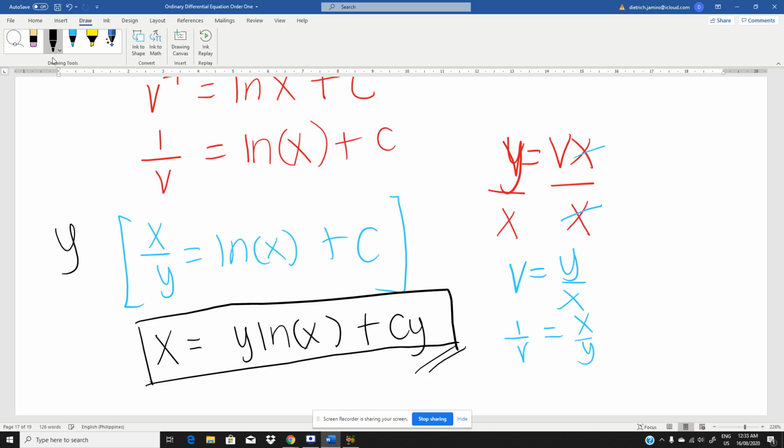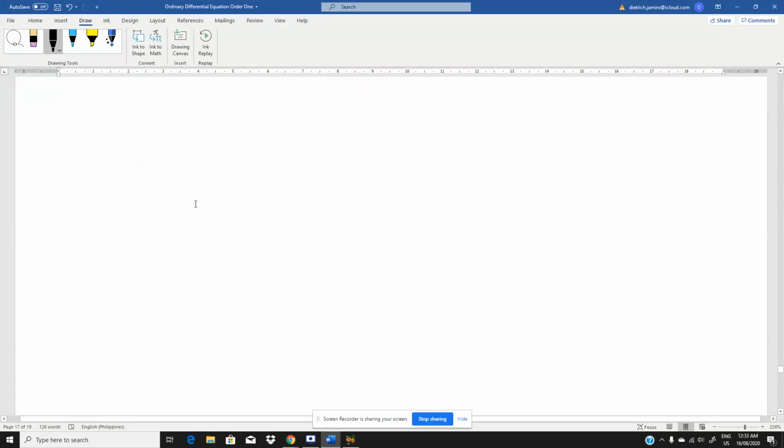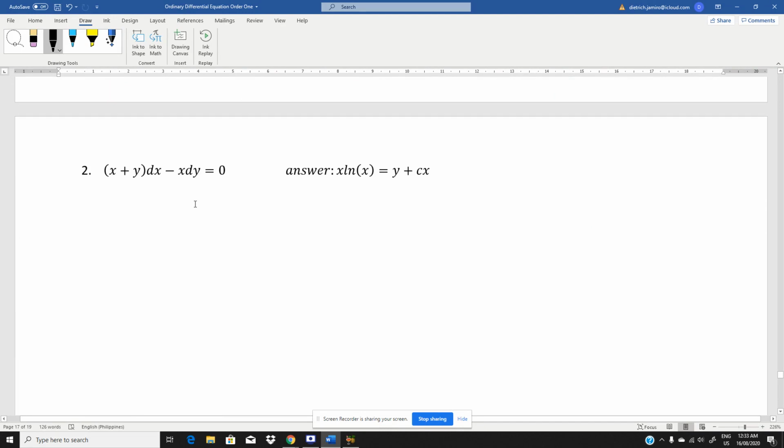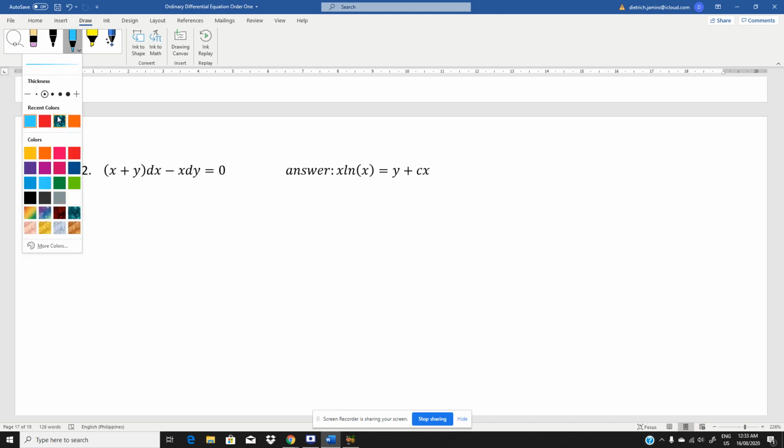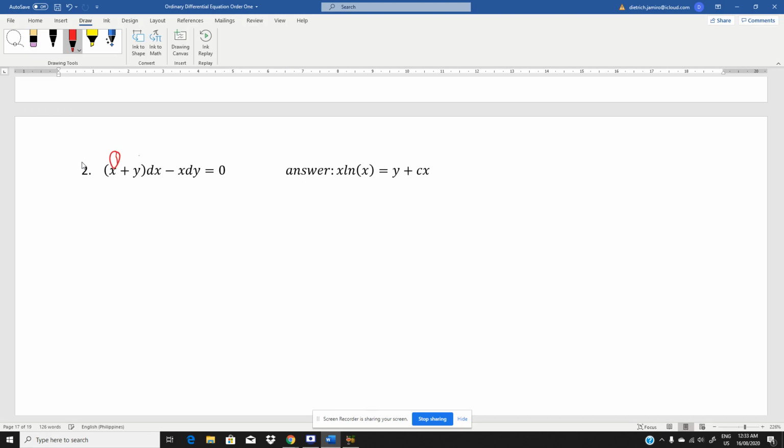Then moving into our second problem, example. We are given that (x + y) dx − x dy = 0. By inspection, we can see that this problem is a homogeneous equation because it has a degree 1 on the first term, and also it has a degree 1 on the second term.